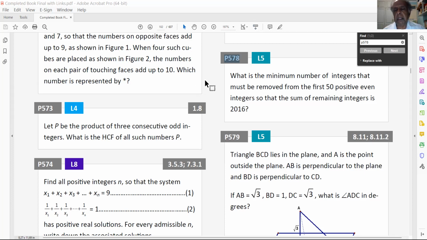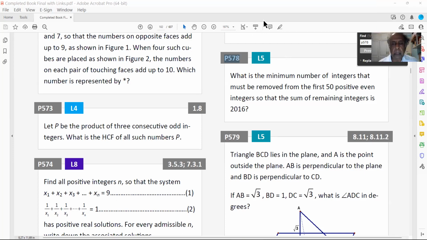So we have to try to understand exactly what the problem is saying before we can actually tackle it. So what we have said here is that you got 2 and 4 and 6 and 8 and so on, all the way up to 100, right?